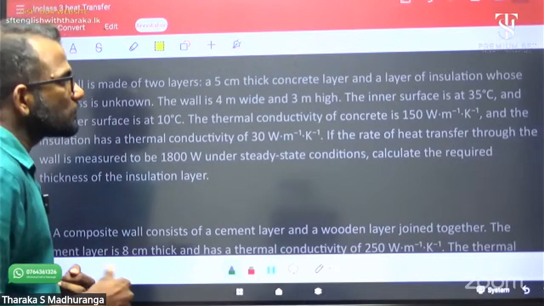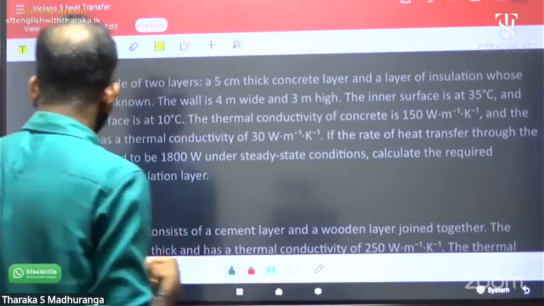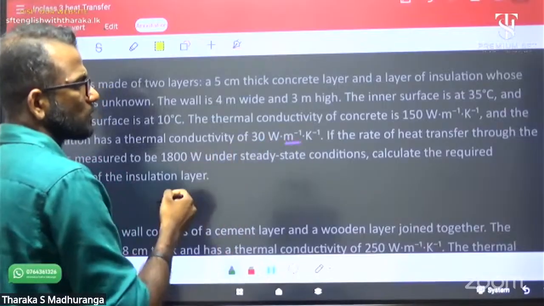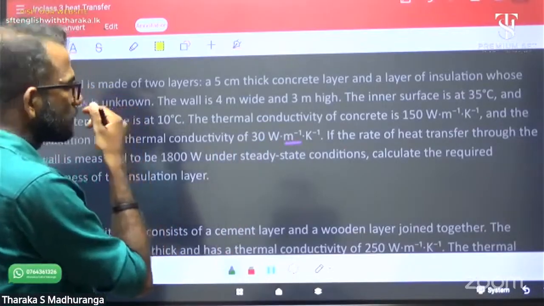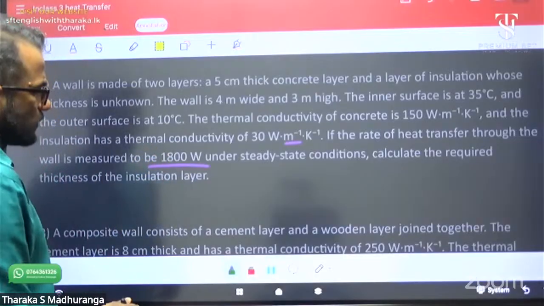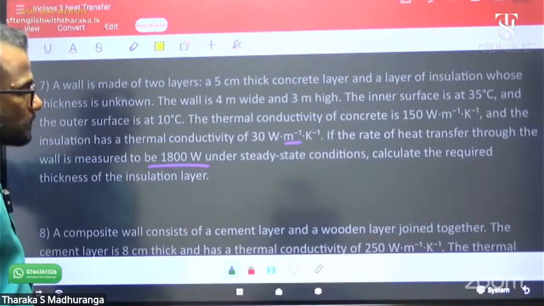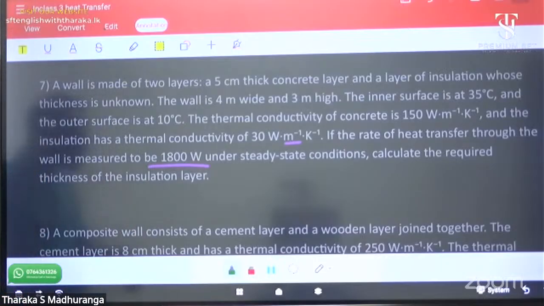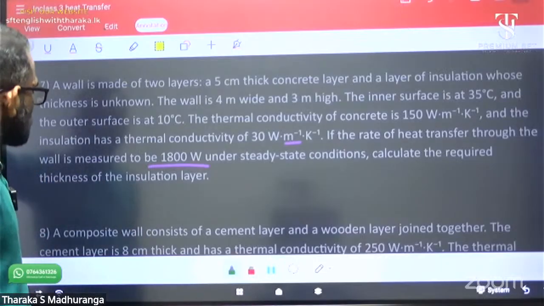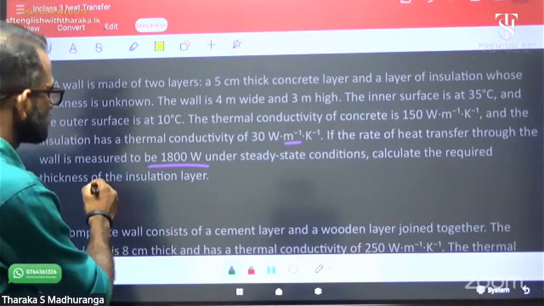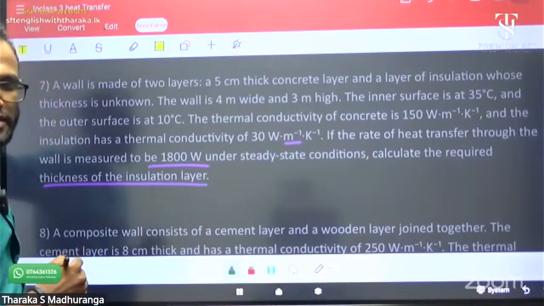The thermal conductivity of concrete is 150 and the insulation has thermal conductivity 30. If the rate of heat transfer through the wall is measured to be 800 watt under steady state conditions, calculate the thickness of the insulation layer. Thickness of the insulation layer is asked.